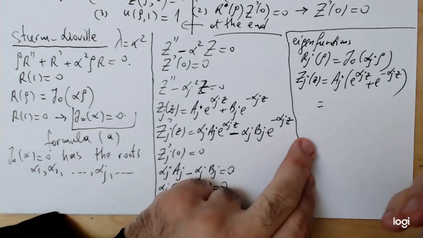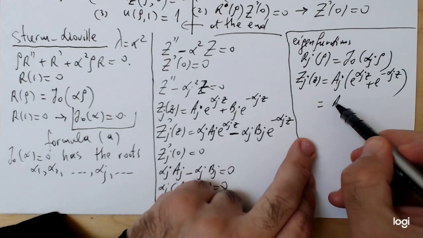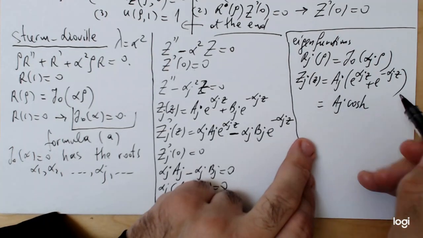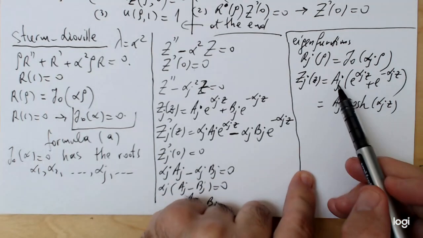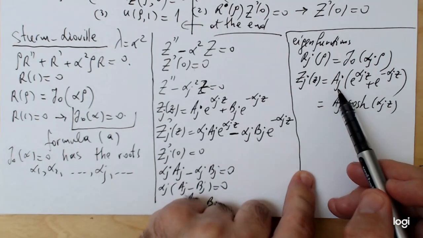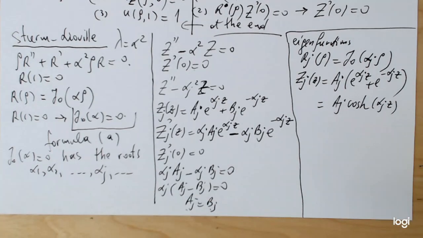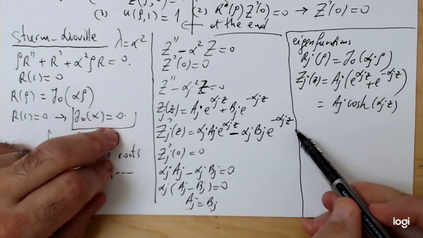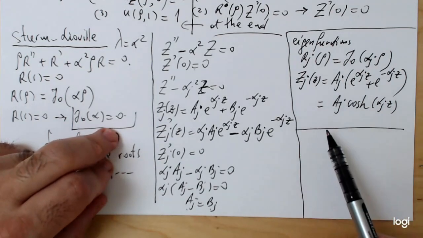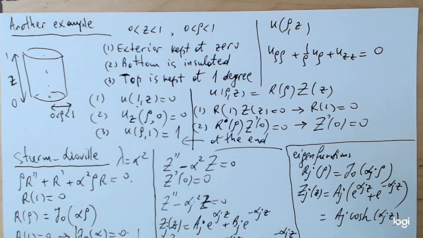In the book, sometimes this is given by Aj cosine hyperbolic of alpha j z. Because if you divide by 2 and you put that extra 2 in the constant Aj, this over 2 is just the cosine hyperbolic, but that's optional, so you don't have to bother with that too much. Okay, so we're going to have superposition principle between these two, and let's move on to another page to finish the problem.